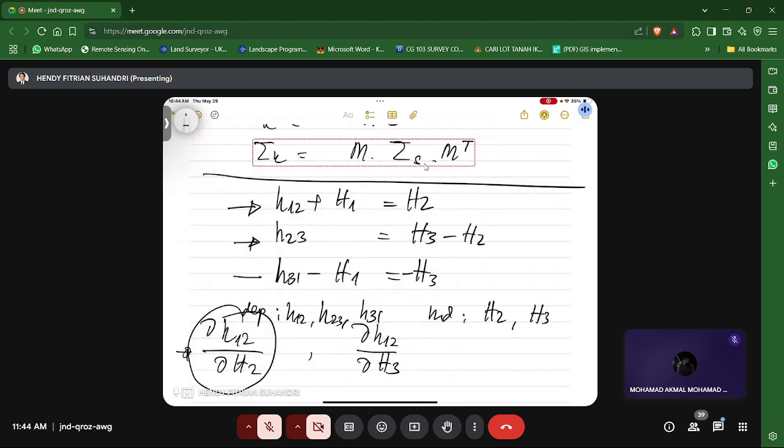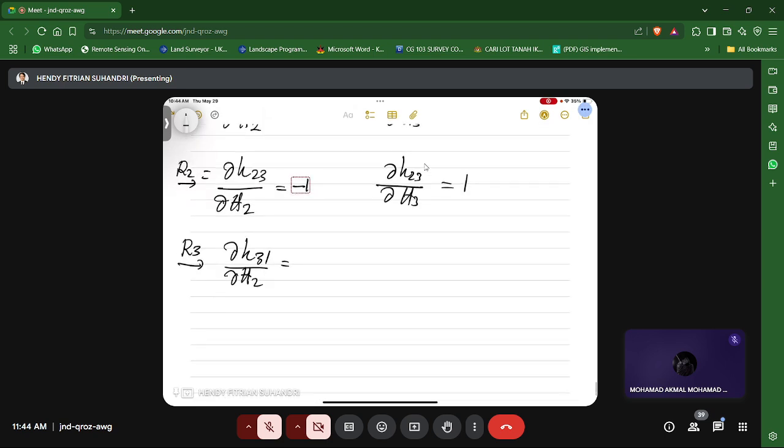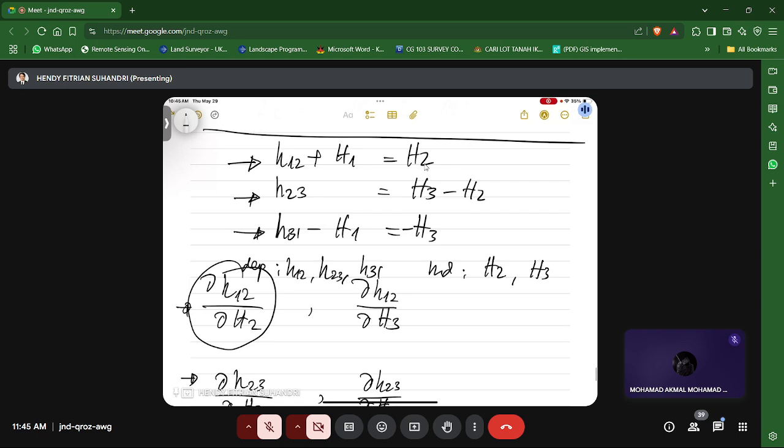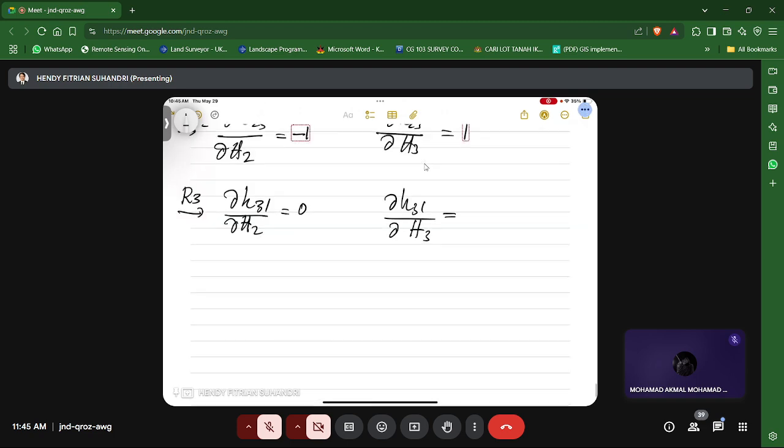Persamaan ketiga tak ada H2, maka dia bernilai 0. Dan hal yang sama untuk kolom kedua, do H31 diturunkan terhadap do H3. Kita memiliki negatif H3, maka derivatif pertama dia adalah negatif 1. Nah, persamaan ni adalah suatu persamaan yang linear.